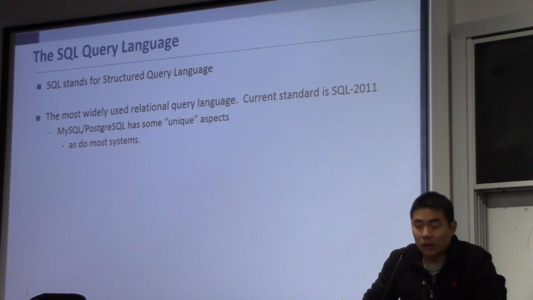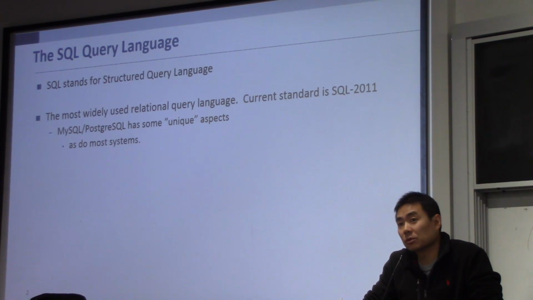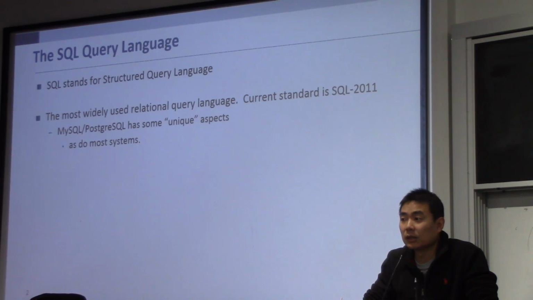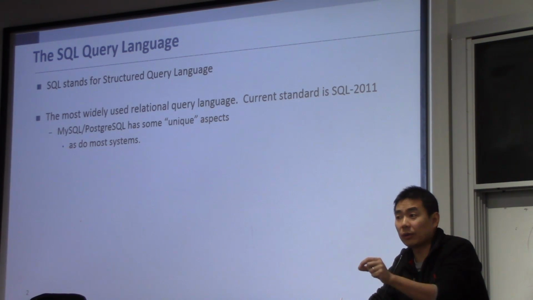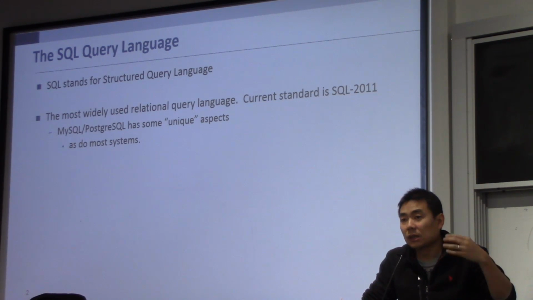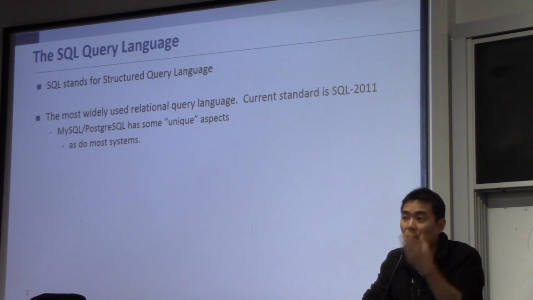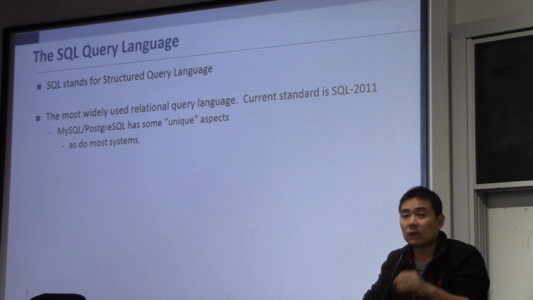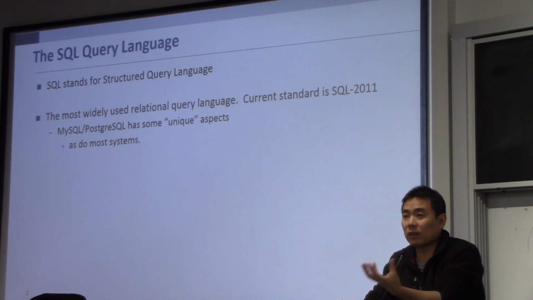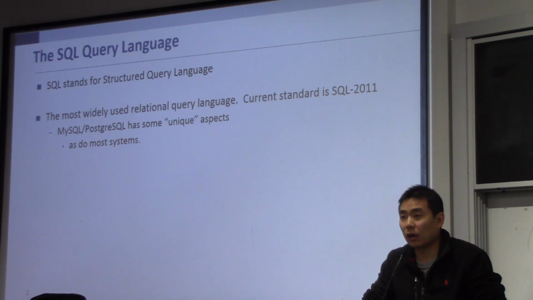This applies not only to relational database systems but also to NoSQL systems, as I mentioned at the beginning of the semester. NoSQL stands for not only SQL, right? Like Hive, Hadoop, all these efforts started with no support for SQL, and they evolved into what they are today, where almost all the NoSQL systems have some form of SQL-like language at the top, right?